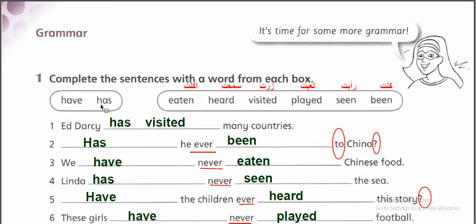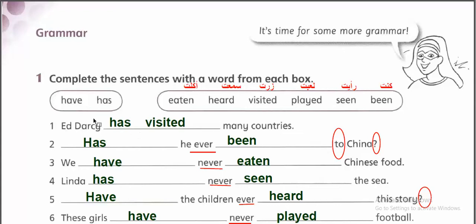Have, has, eaten, heard, visited, played, seen, and been. As you note here, all of these verbs are past participles, so don't worry about changing the verbs in this exercise. Ed Darcy has visited many countries.